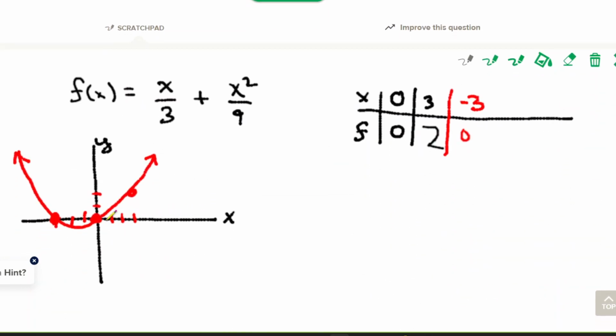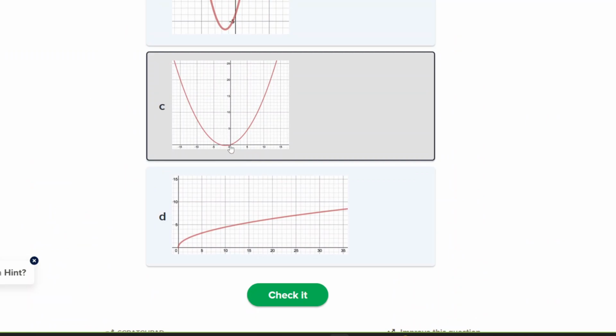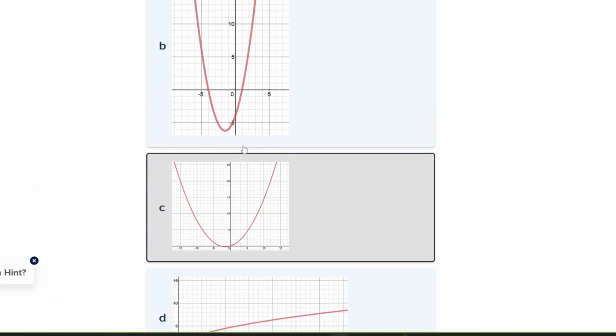Those would be considered the x-intercepts. Remember the intercepts are points on the axes. X-intercepts are -3, 0 and 0, 0. The y-intercept is 0, 0. So the only graph that's doing that is graph C here. I know you can barely see the intercepts, but they're there.